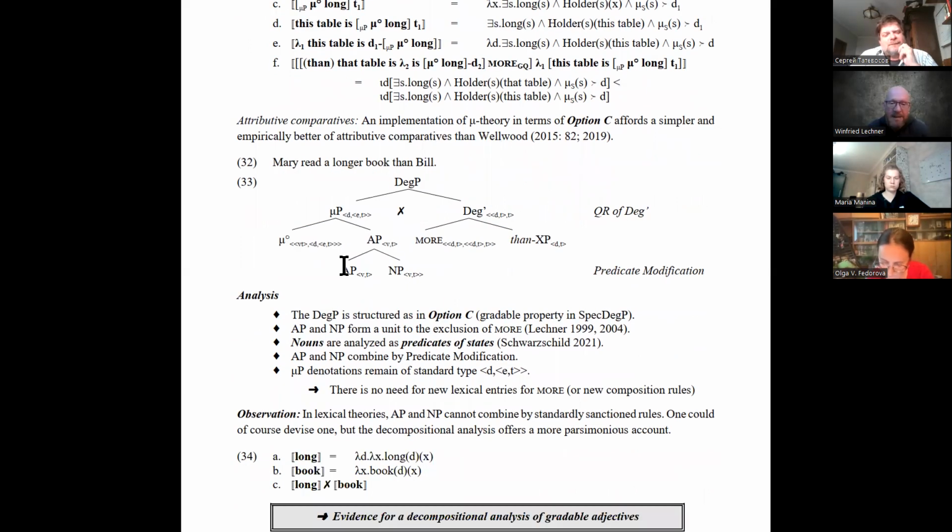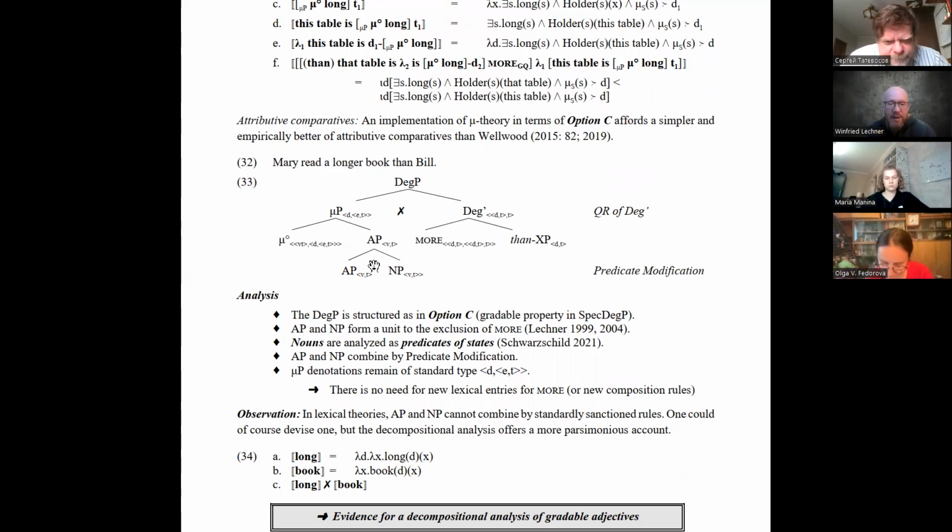Now, one immediate advantage that this view has over standard views is that APs and NPs are of the same type on this new version that Wellwood and others developed, which allows us to combine them by predicate modification. So we don't need to combine an AP of type DET, for instance, with an NP of type ET, and that usually caused some headaches.